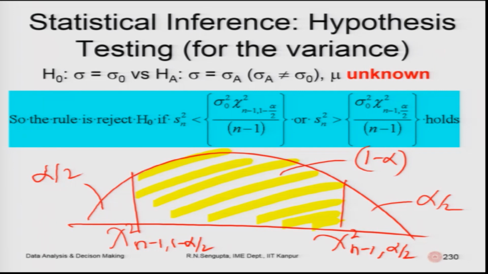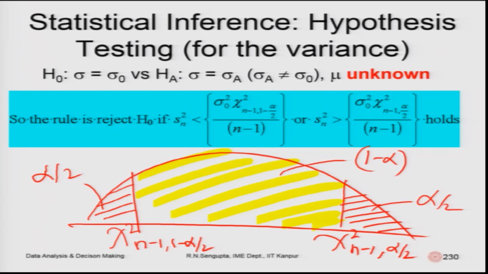So, in this case it is on the left hand side or the right hand side. Okay, let me highlight it as I have been doing, sorry for that. So, if you are following the same type of drawing, we should follow it. So, in this case the rule is, reject h naught if s square is less than type, on the left hand side or on the right hand side.